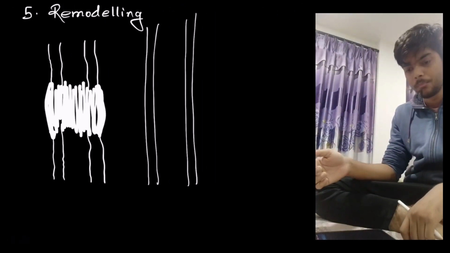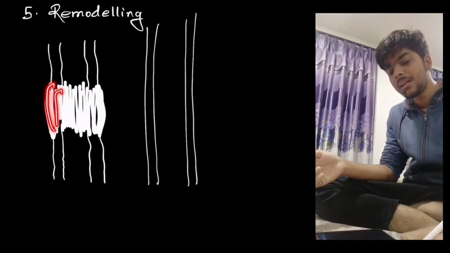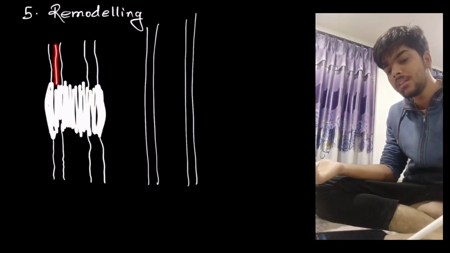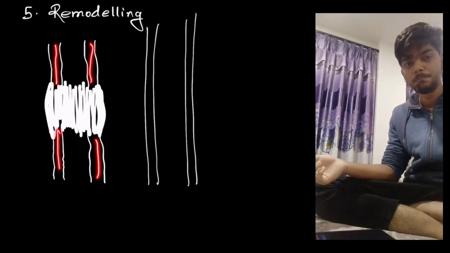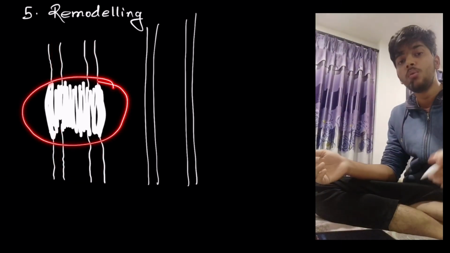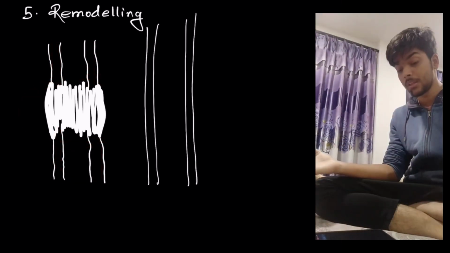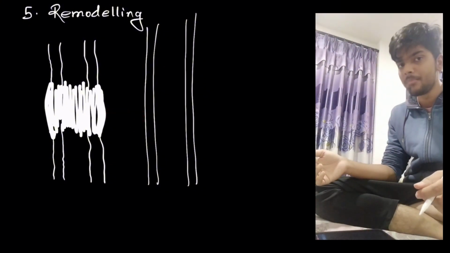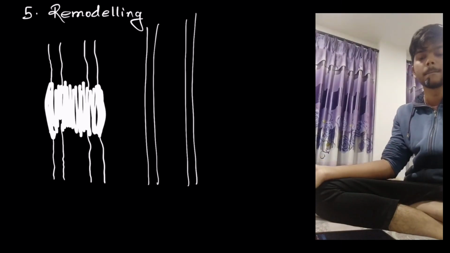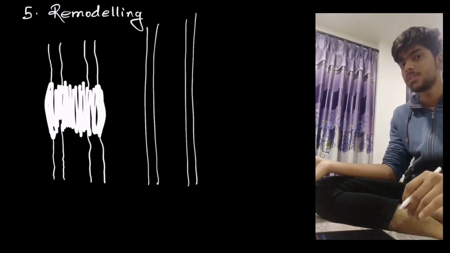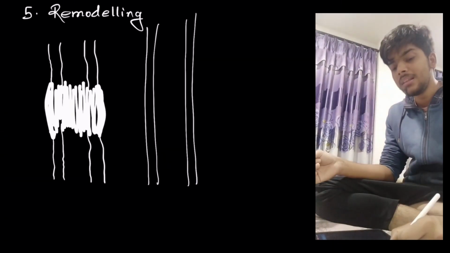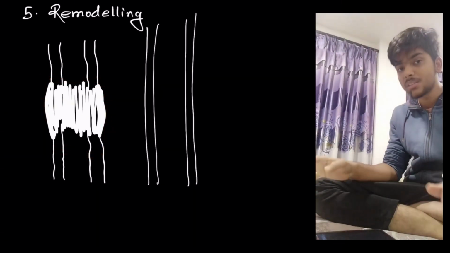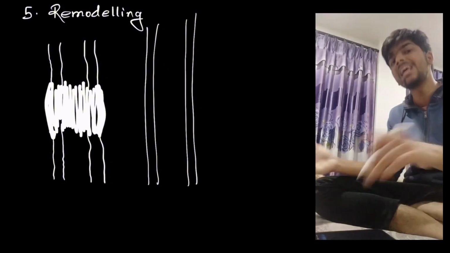Finally, remodeling. The lamellar bone that is present at the site of fracture acts as a bridge between the fractured parts of the bone. This lamellar bone goes through reshaping to finally form a much healthier, much stronger, and much more stable bone. For that, it goes through the process of remodeling where the lamellar bone gets continuously eaten up as well as reformed again and again.